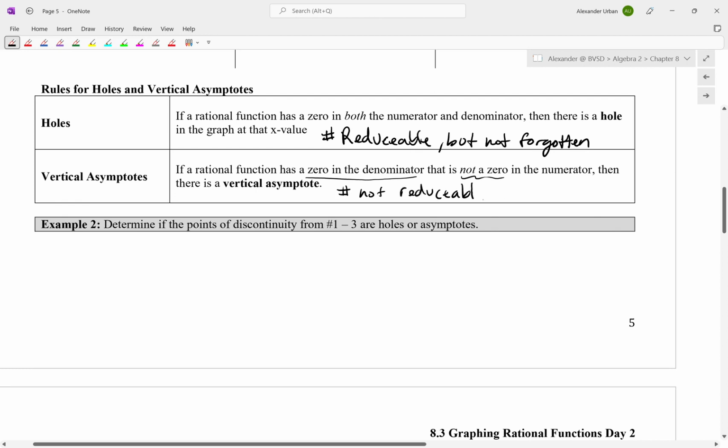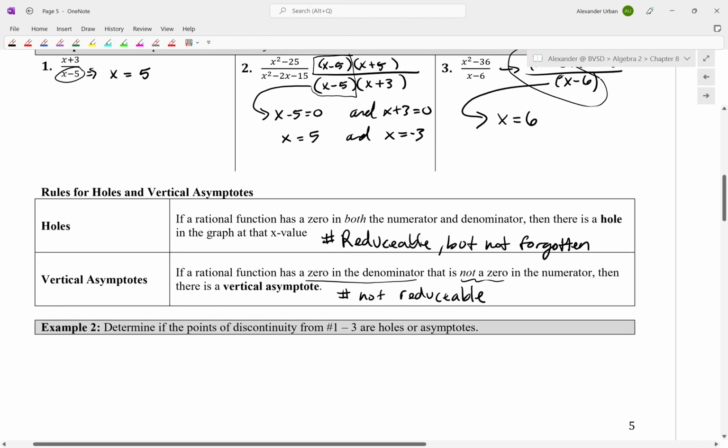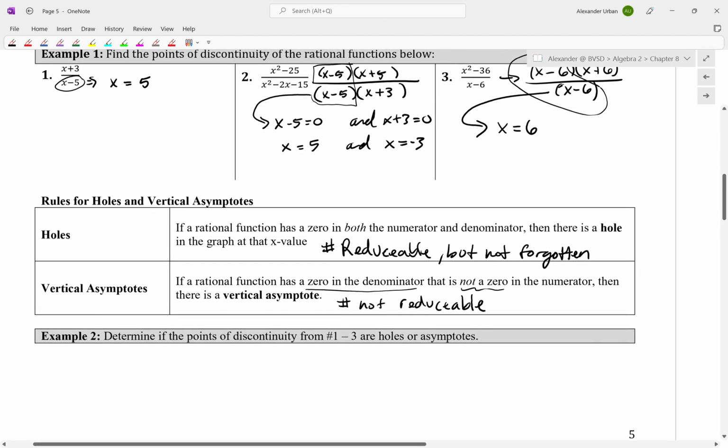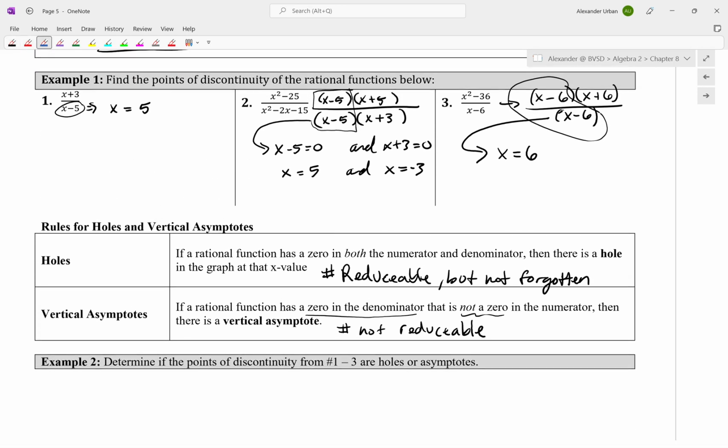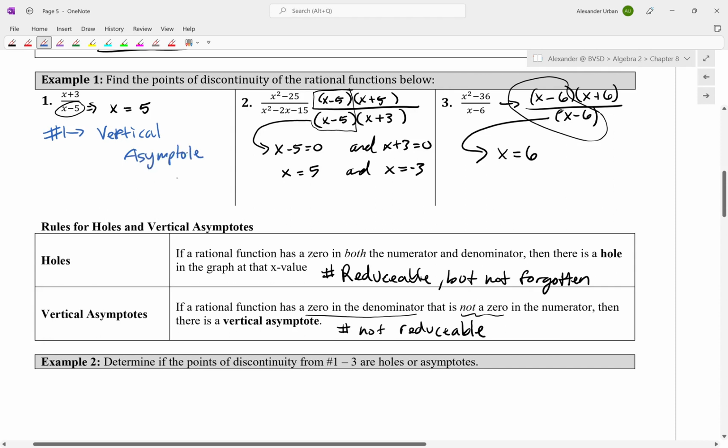So let's go back up. Example 2 says, which ones are going to be holes or asymptotes? Number 1, this one right here is not reducible, so this one is going to be a vertical asymptote. And from here on out, I'm going to label these as VA.